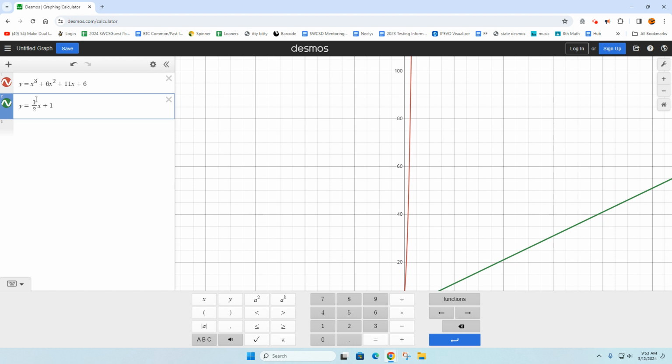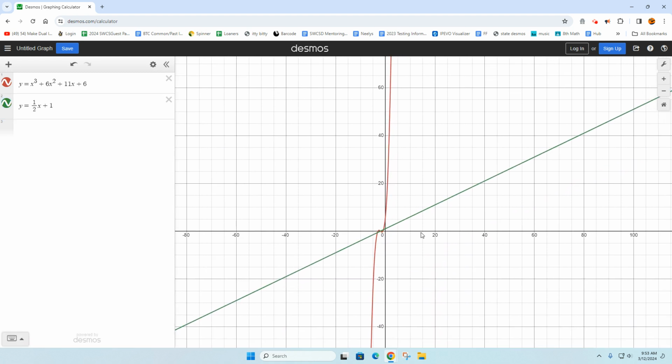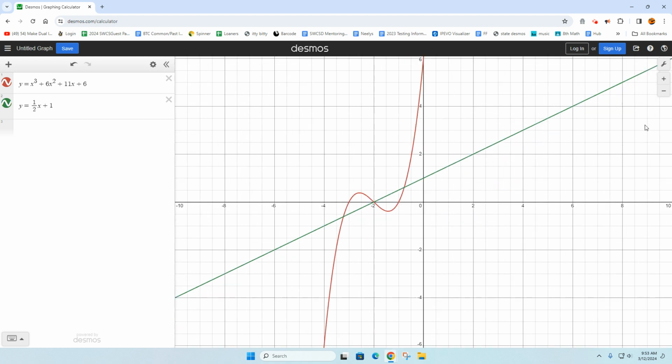What else? It's condensed in the middle. That helped. The other way is I could make it so that other solution is way off the screen.